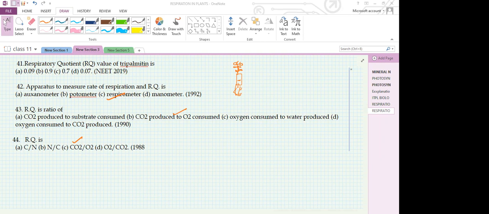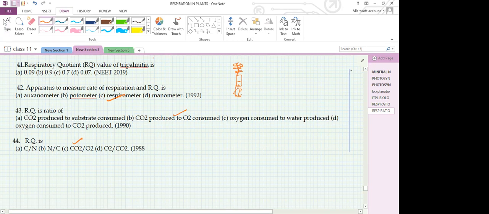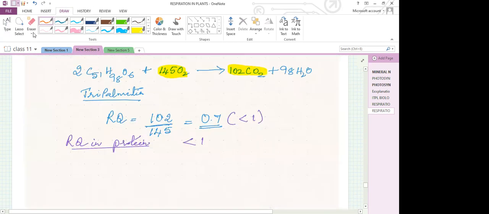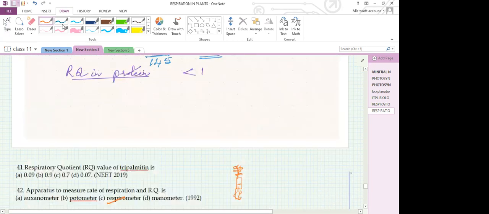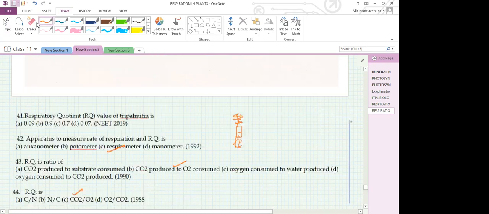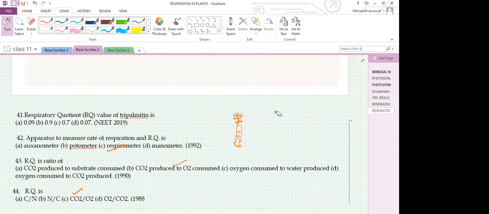How much? 0.7, we just now discussed, no? Tripalmitin, see here, 102 by 145, so it is 0.7, you can write it down. So this much is about respiration in plants. So we are done with this lesson.